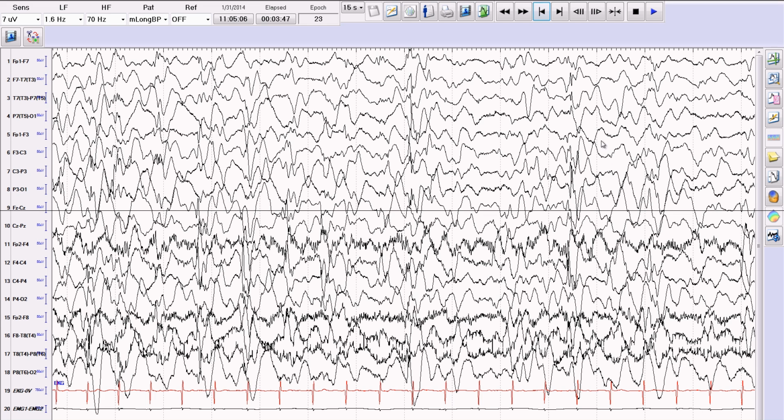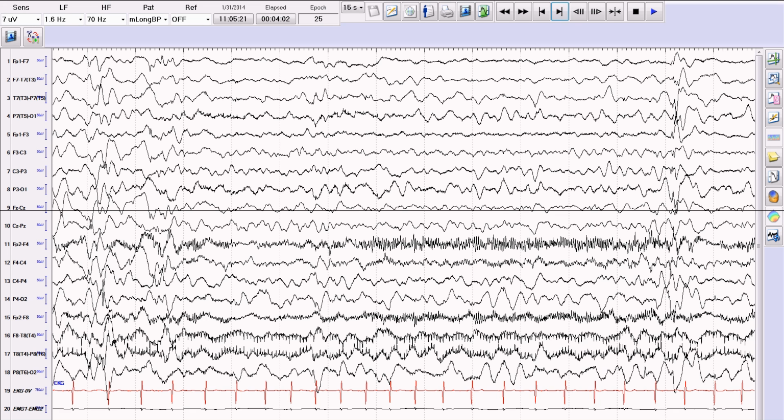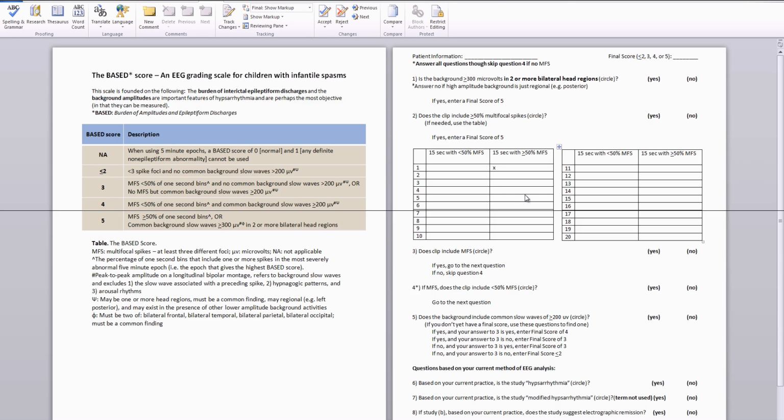So then we return to our EEG example, and if we scroll to the next 15-second page, you can see clearly here that there is a minority of 1 second bends with an epileptiform discharge. In this case, in returning to our scoring sheet, we have to place an X in this box because less than 50% of 1 second bends in this 15-second page include an epileptiform discharge.